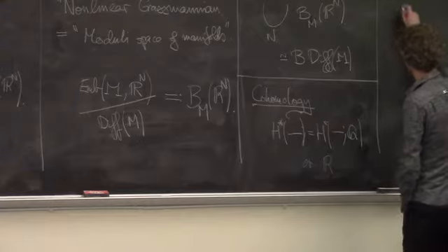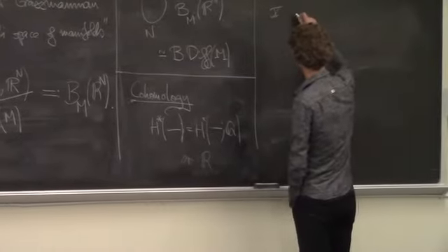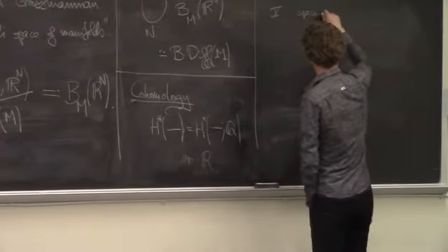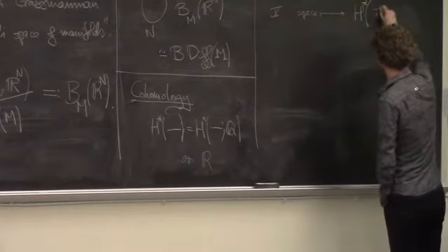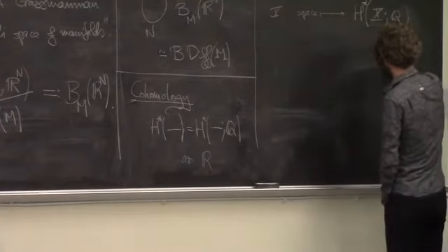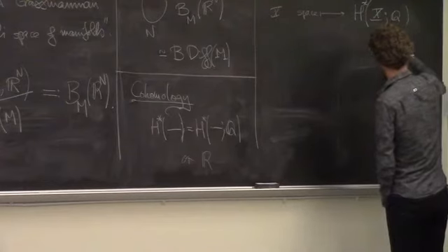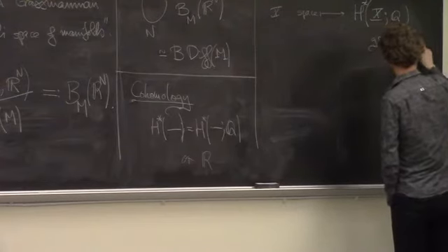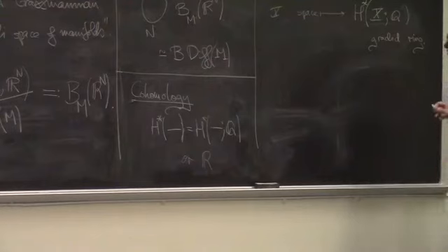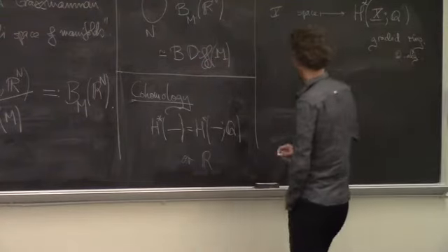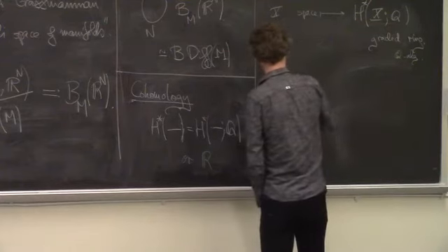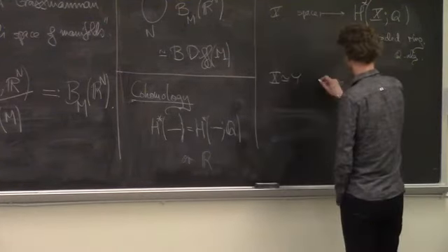Let me just say two words. To any space X, cohomology assigns a graded ring, a graded Q-algebra. And if X is homotopy equivalent to Y, then you get isomorphic rings.